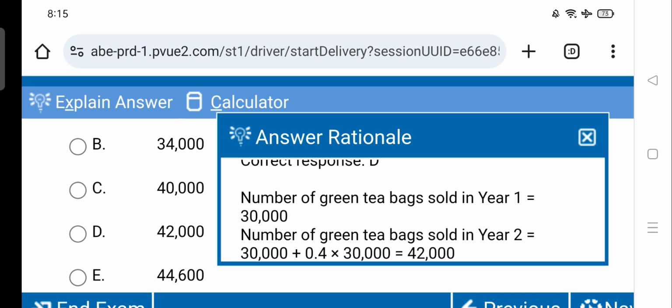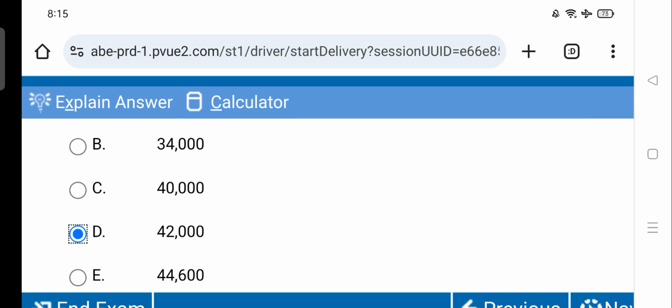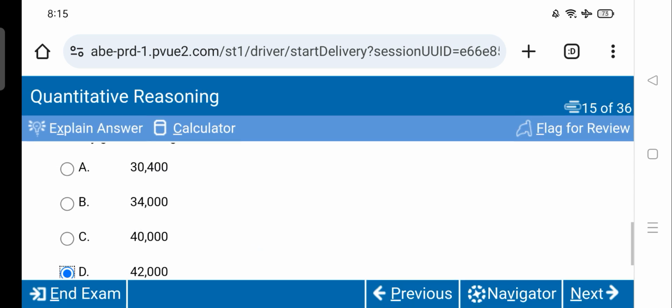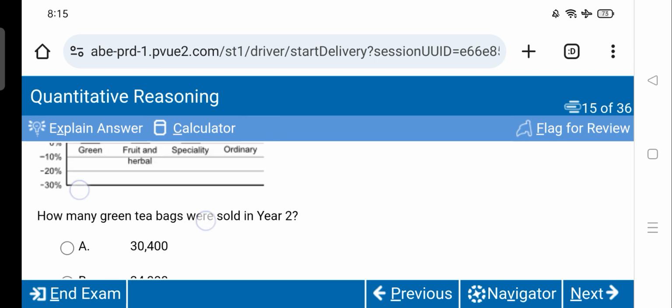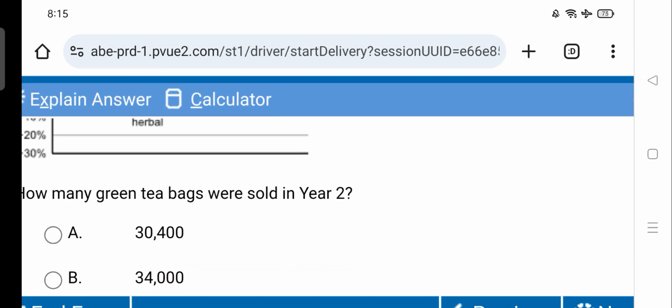So that's how we have the correct option, option D. 42,000 tea bags were sold in year 2.